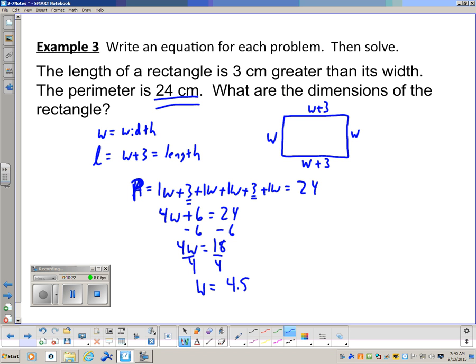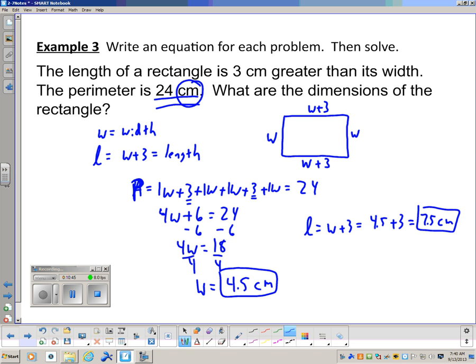So that's going to end up being my W there, my width. But remember, it says the dimensions there are in centimeters, so I'm going to label it centimeters. So now I'm going to go ahead and find my length is W plus 3, so I can take W and add 3 to it, and I get 7.5 centimeters. So my length and my width there, 4.5 centimeters, and it ends up being 7.5 centimeters.